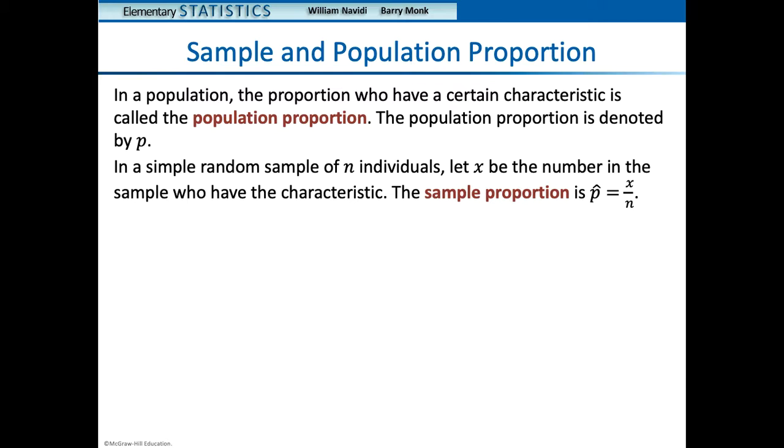Now let's say that we collect a simple random sample of n individuals from a population, and we let x be the number in the sample who have a specific characteristic. Then the sample proportion is found by taking the value of x and dividing it by the sample size, n. And the symbol that we typically use to represent the sample proportion is p with that little hat symbol on top. Sometimes we just call that p hat.